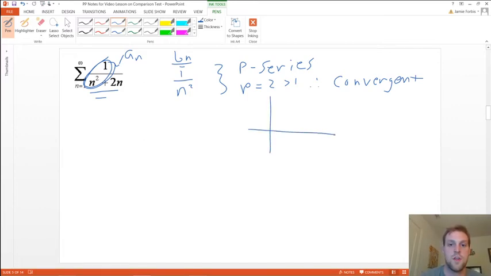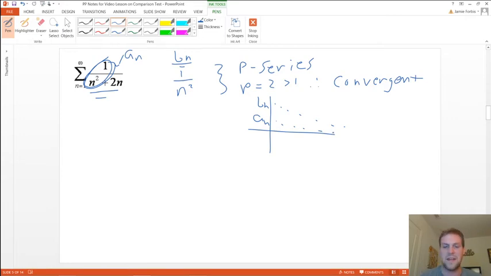Okay, if I can show this, like I've got b sub n being convergent, if I can show a sub n is also convergent, all right, then by comparison test, or I'm sorry, if I can show that a sub n is less than b sub n, by comparison test, I know that a sub n is also convergent.